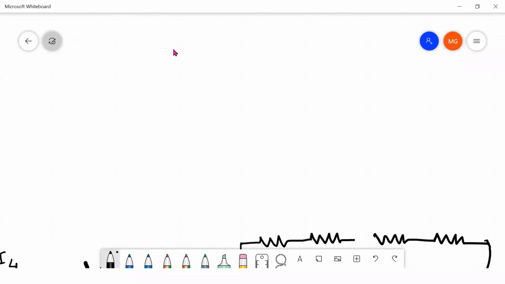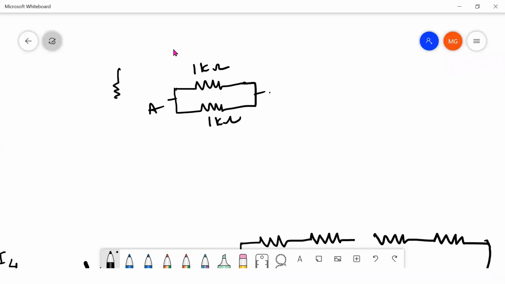Now I will write here. One resistor, 1k, another resistor, 1 kilo ohm between the point A and B. That should be converted into the single resistor between the point A and B.